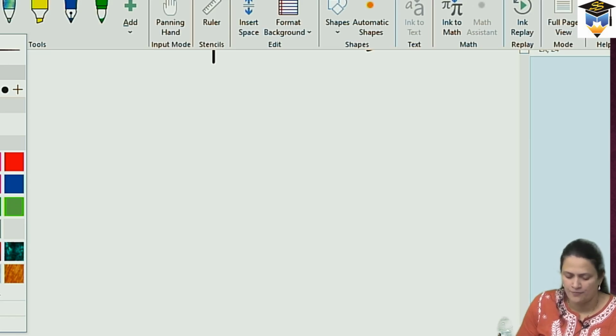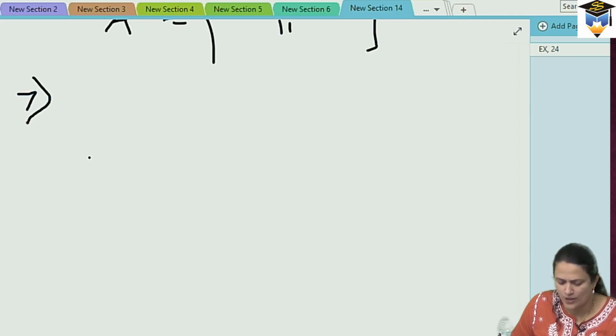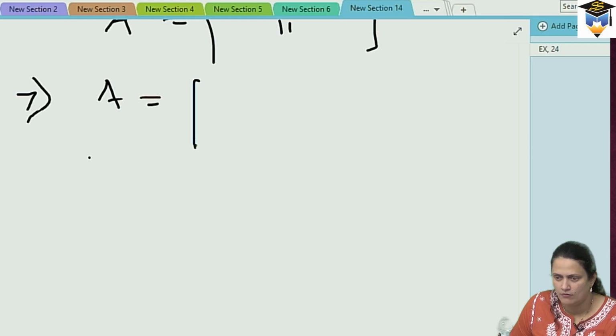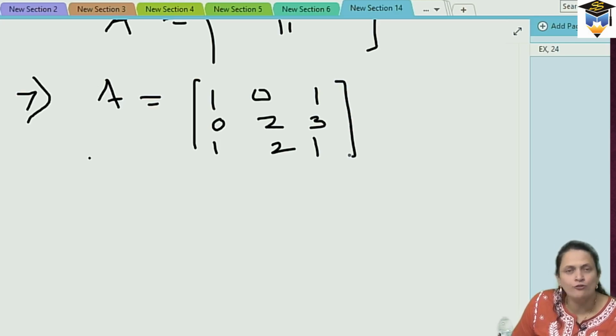Okay. So now they have told us in question number 7 of that exercise to find out the inverse. A is given to us as 101, 023 and 121. Okay, now this is given to us. They have told you find out inverse of A by elementary column transformations.